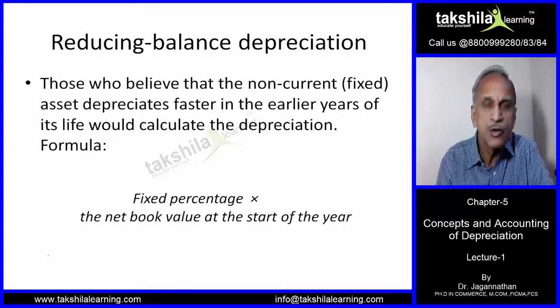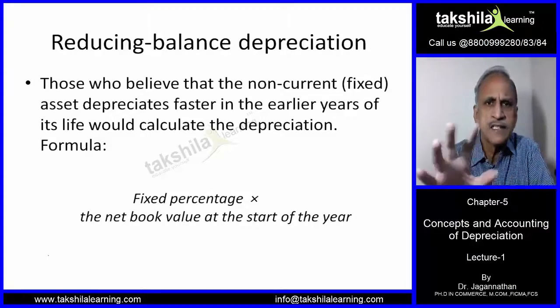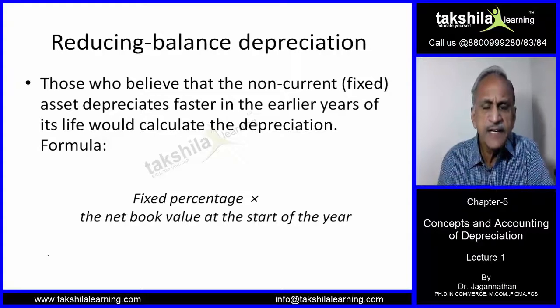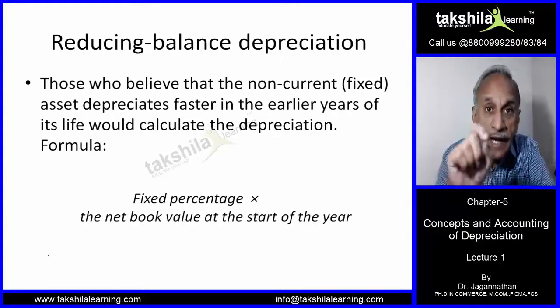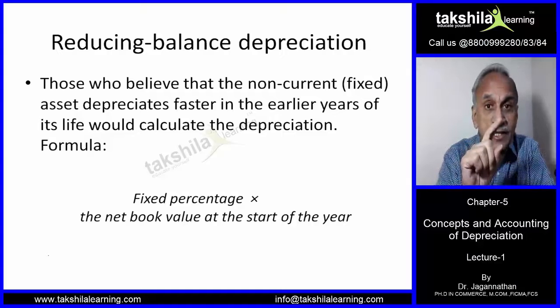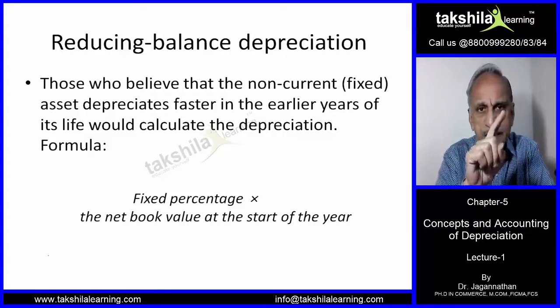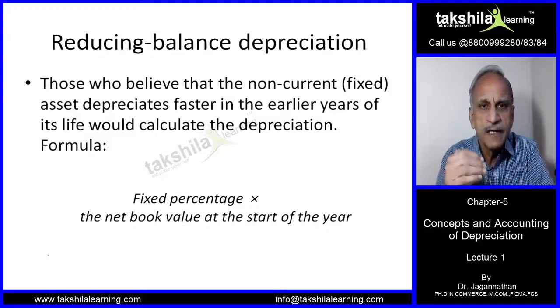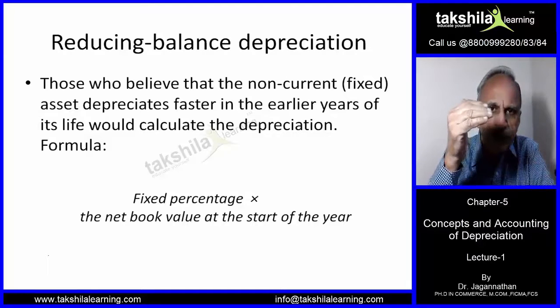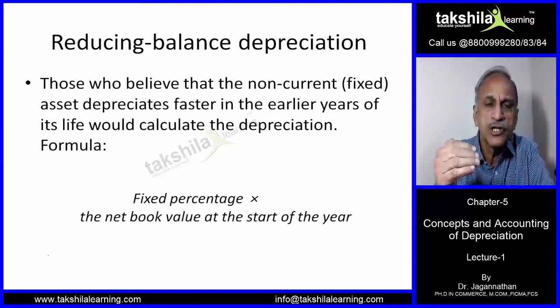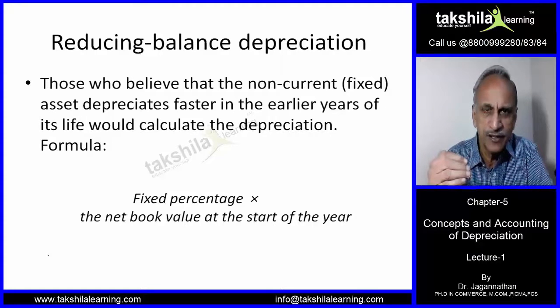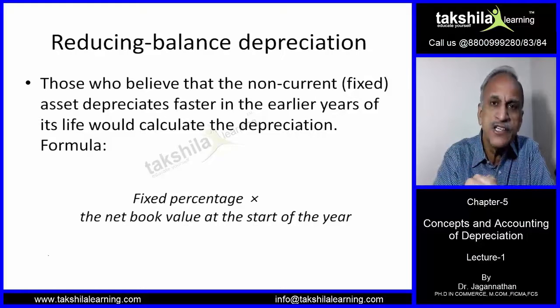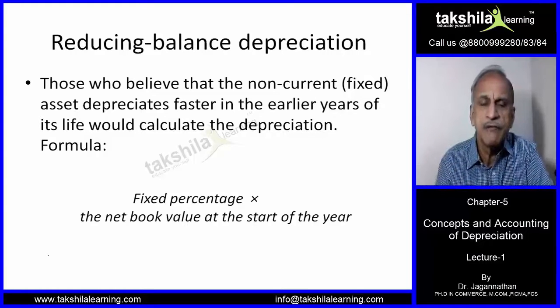So for this, a rate of depreciation is calculated by statistical tables, keeping certain assumptions. And that rate is applied to the net book value, not the original cost. Original cost is only for the first year. From second year onwards, the original cost is reduced by the depreciation, and you get what is known as the net book value or the reduced balance of the machinery. On that, you apply the same rate, but the depreciation will be of a lesser amount.